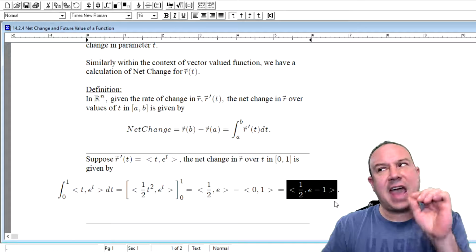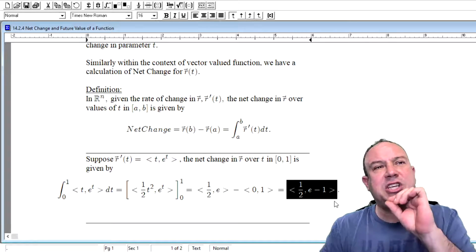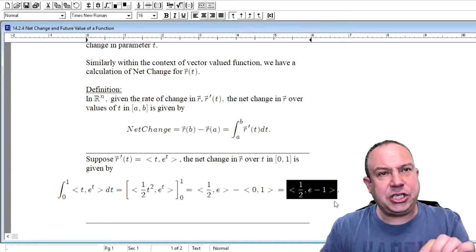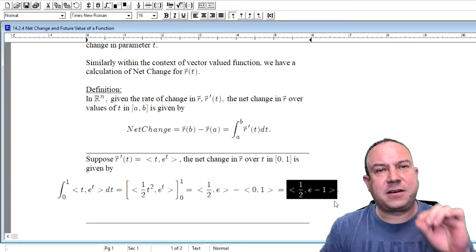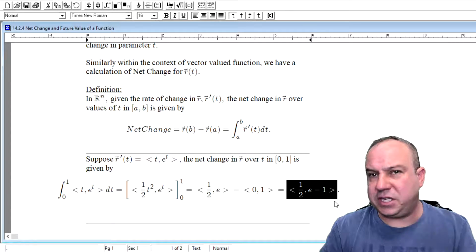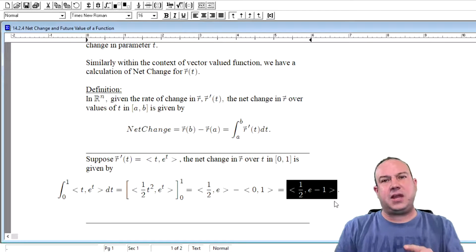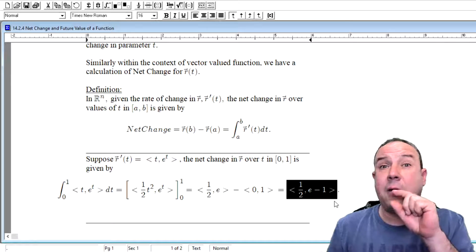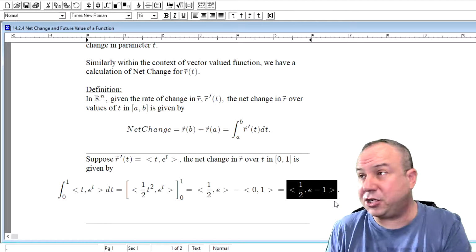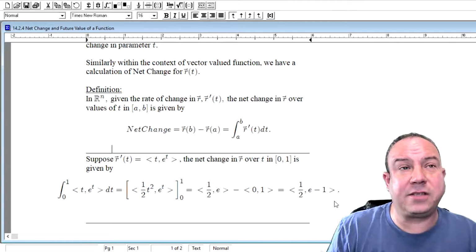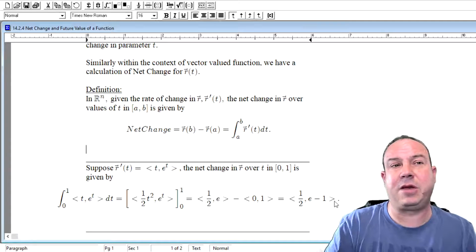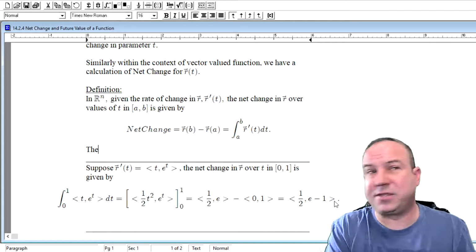Right? And that vector describes the net change in the vector valued function r bar of t. That net change is a vector description that has both a magnitude and a direction. And one thing we might note here is, let's go back in the definition and maybe say this, because I didn't put this in the notes.